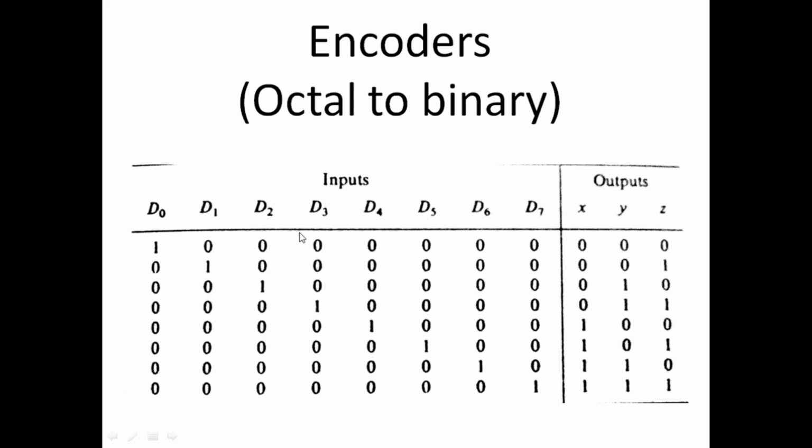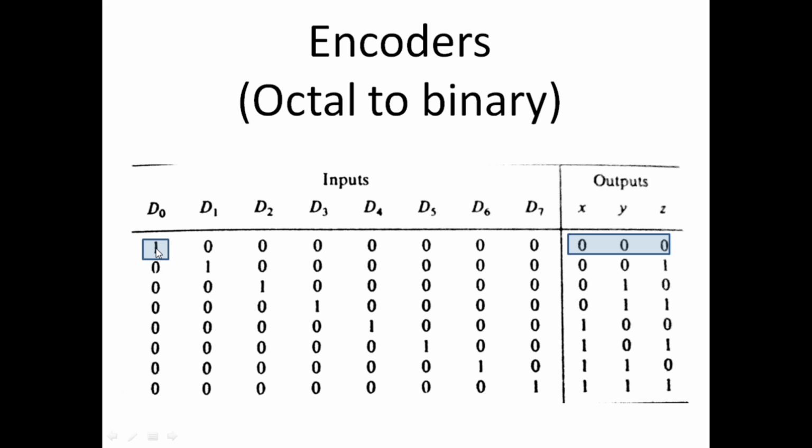To understand, whenever a user presses or gives an input, only D0 is 1, which represents that the digit 0 has been given as an input. For example, there can be a button connected with this octal to binary encoder where the button would represent 0.